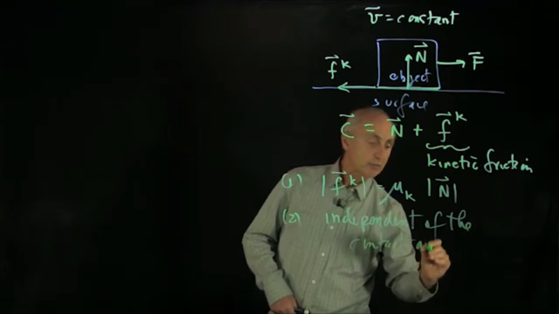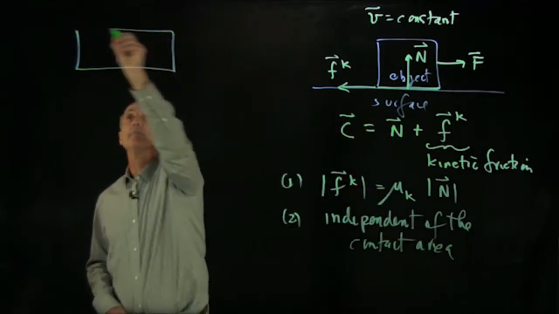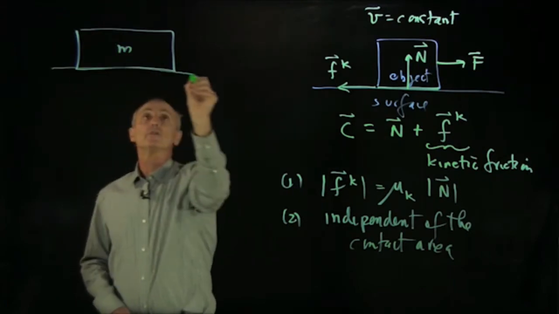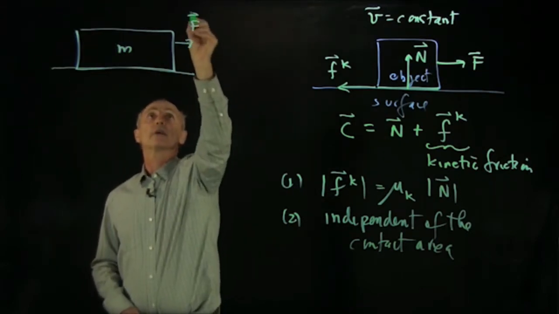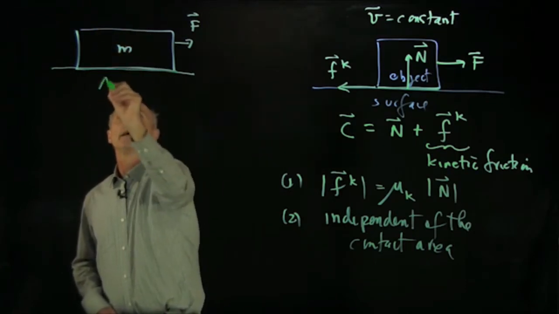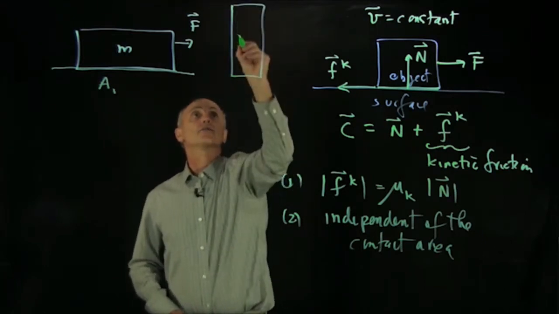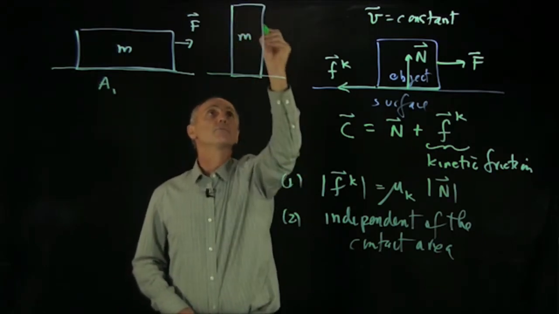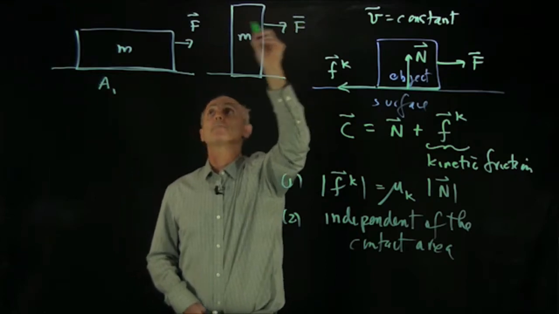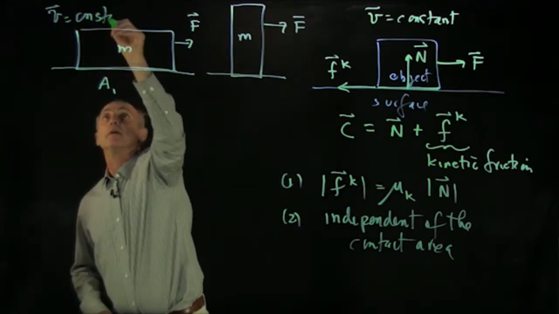So let's look at the following picture. Suppose we have two objects of the same mass. On the surface, we're applying a force F, and the contact area here is A1. And we have a similar object, the same mass, on the same surface, and both objects are moving at a constant speed.